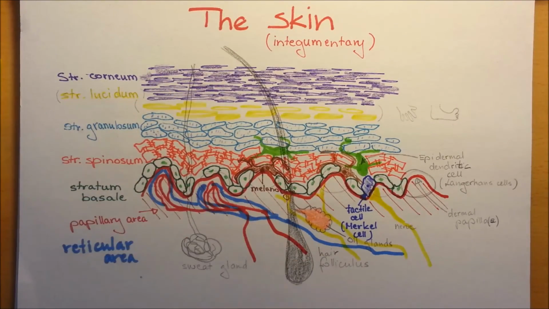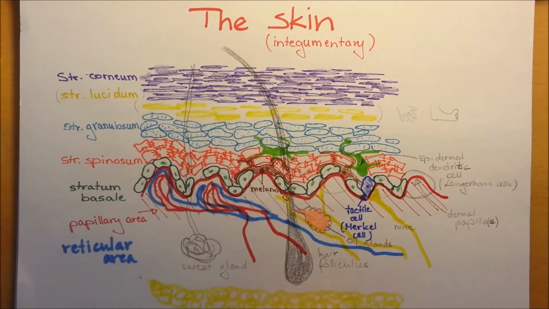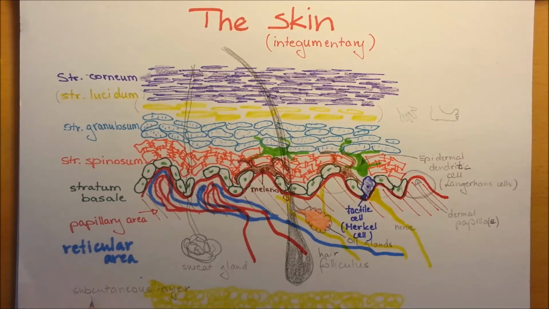Now, below these layers is the hypodermis, which is made up of adipose tissue, fat tissue. The thickness of this layer can be different. Hypodermis, or subcutaneous layer, is where you usually get your flu vaccine.